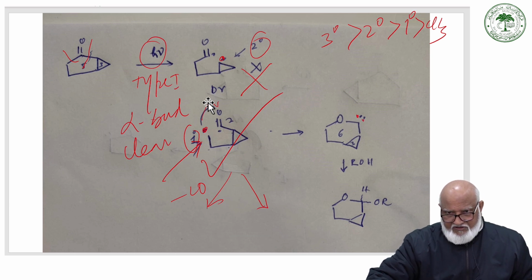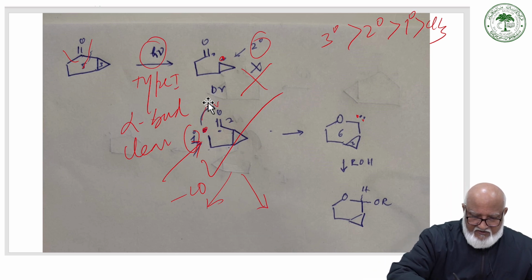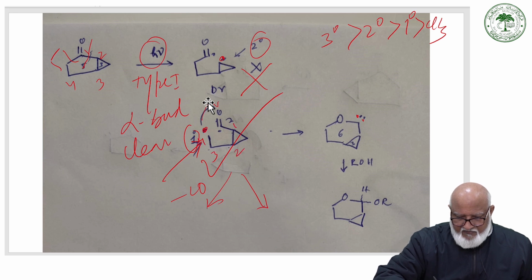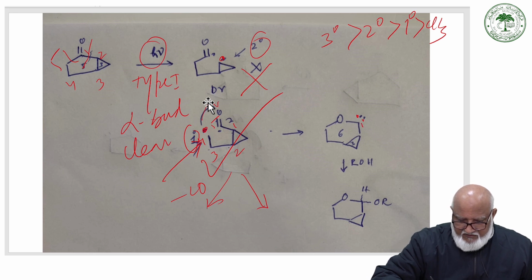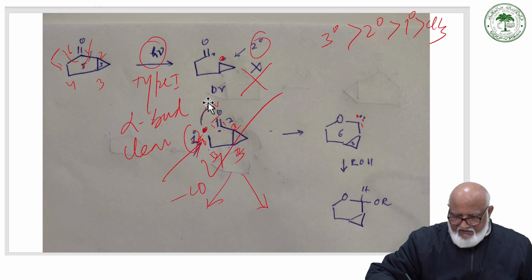If we number this, for example, 1, 2, 3, 4, 5, and 6, right?